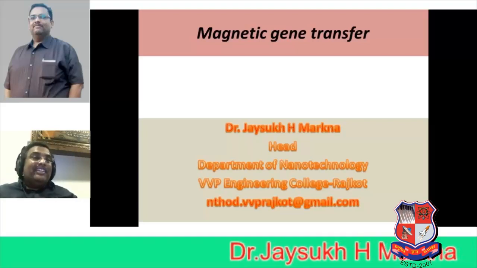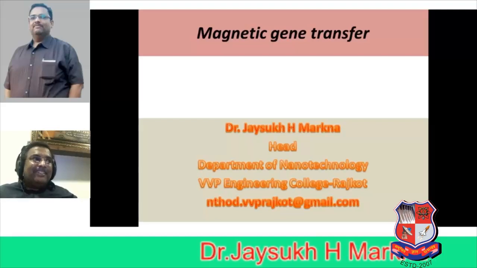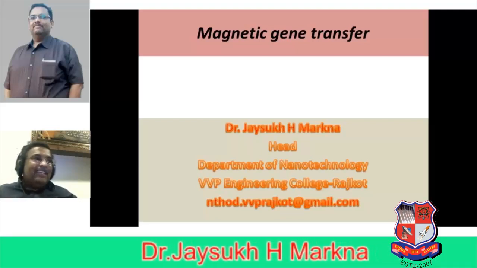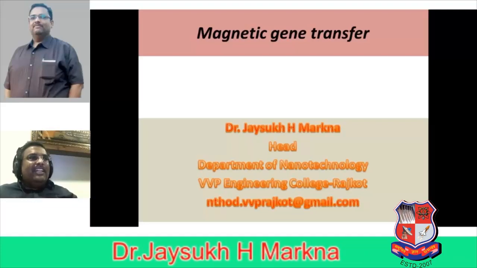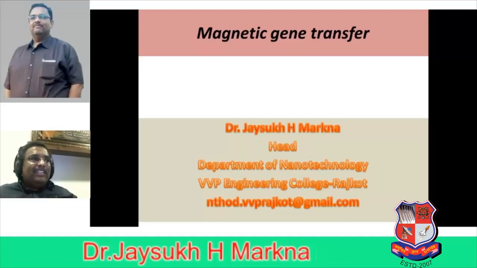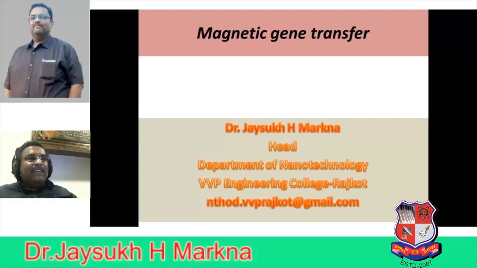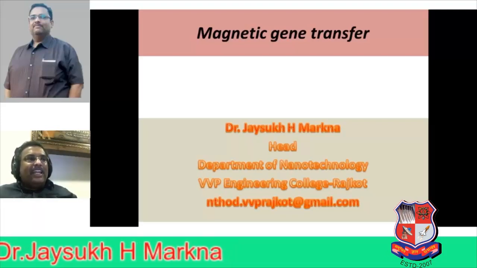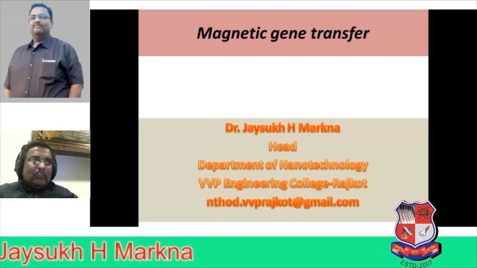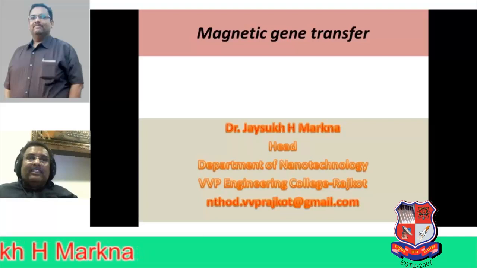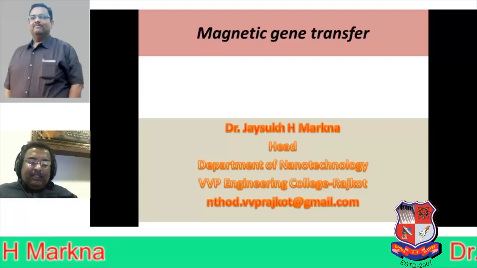So see the advantage of gene transfer. Gene transfer of this PDX1 may reprogram tissues other than the pancreas to make insulin and control abnormally high blood sugar level in diabetics. So such a wonderful thing is possible due to gene transfer.